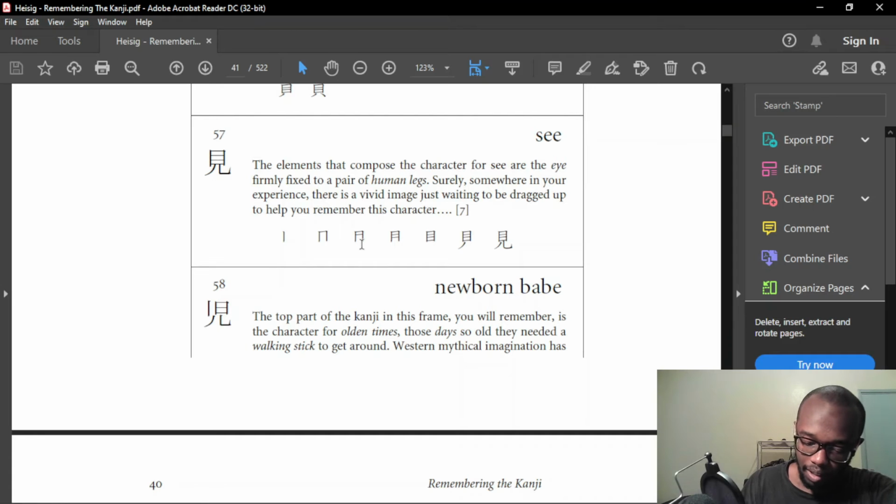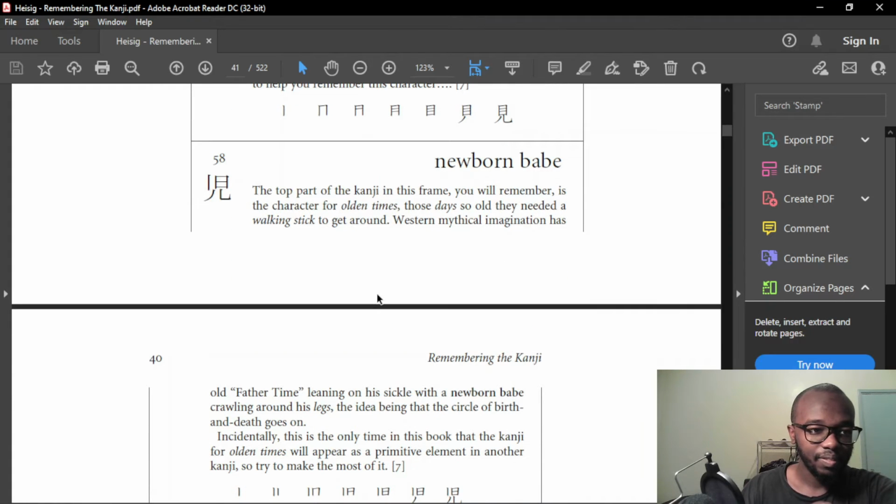Newborn babe. Hey, newborn babe. Is it newborn babe or newborn baby? So it's olden times, because this one was the sun, the old sun. So the old sun, because this is day or sun, then this one is walking stick, and this one is human legs.